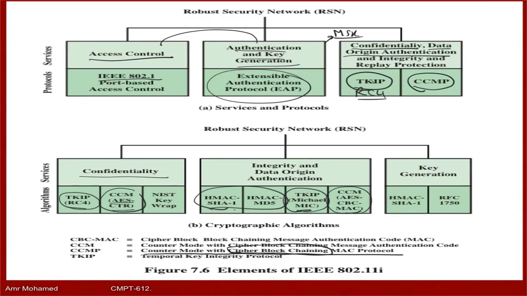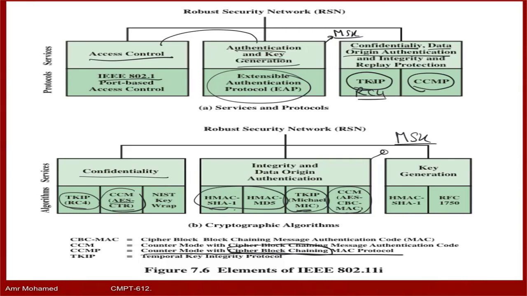And then the key generation. We said that from these two we come up with a master session key. The master session key is going to be exclusive to one station with the access point. And then the station with this master session key can generate all other keys. It generates a bunch of other keys, and we'll talk here about the explosion of keys.